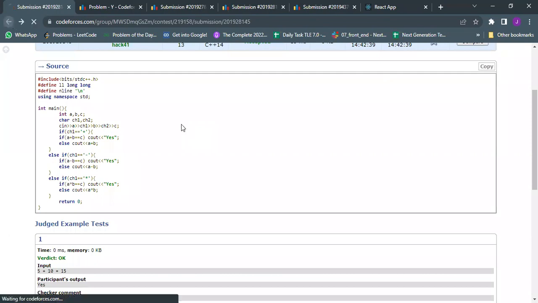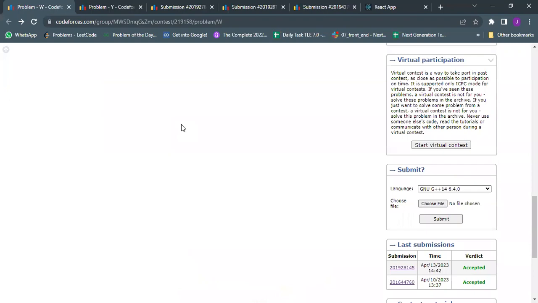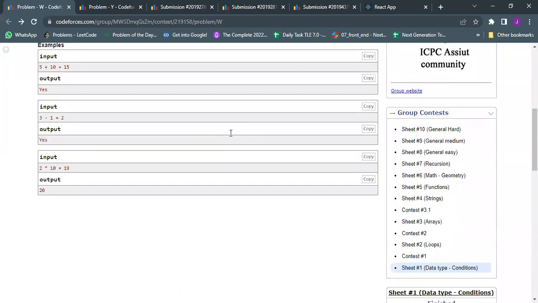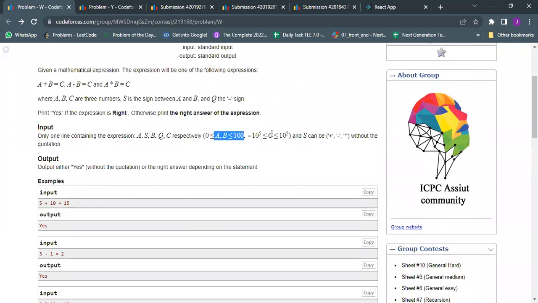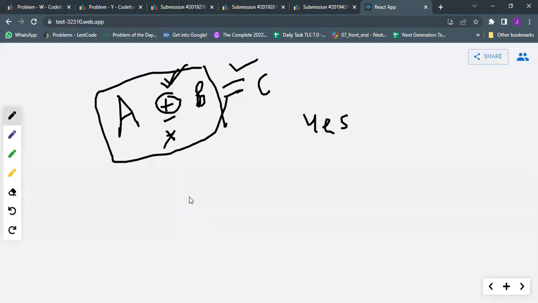Okay, so you can see here that the constraints in this problem are not very large. A and B are up to 100 only, and C can be from minus 10 to the power 5 to 10 to the power 5. So these can be stored in integers. The range of integer is basically minus 2 to the power 31 to 2 to the power 31 minus 1.